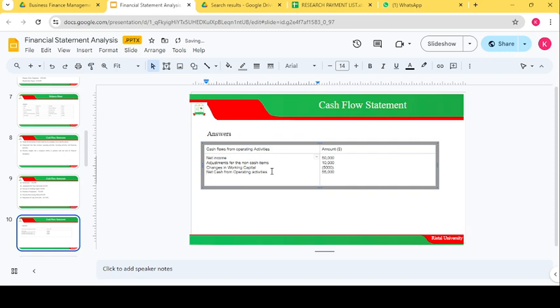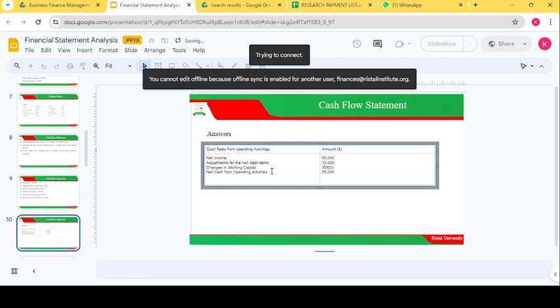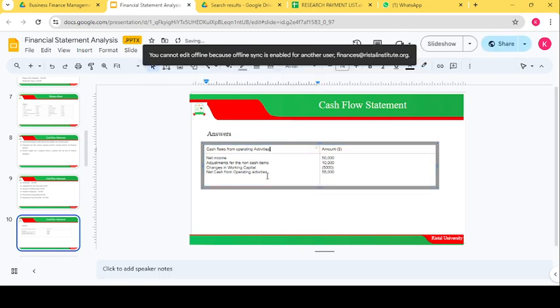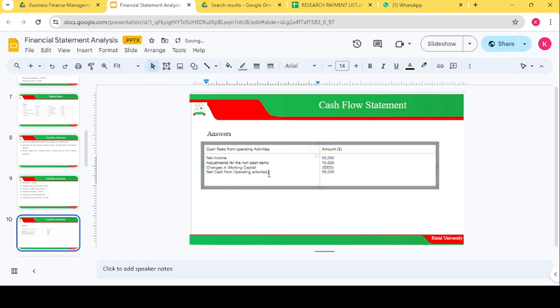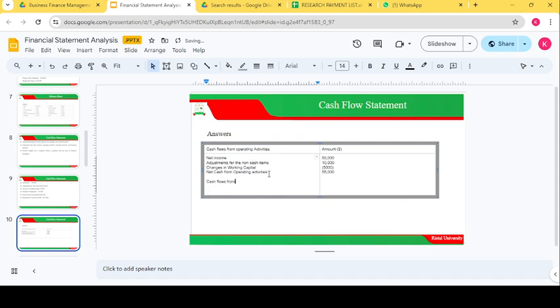So let's look at cash flows from our investing activities.